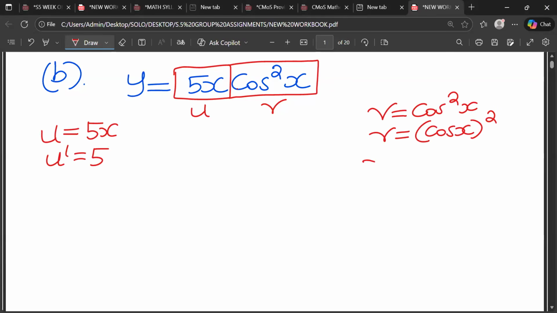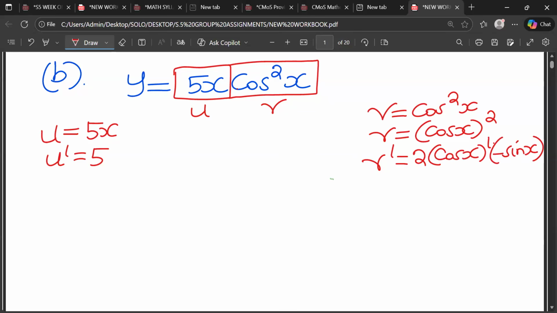Then we come and say v prime. How do I differentiate? I drop the 2. I bring back the cos x with the reduced power 1. Then I differentiate cos x, which is negative what? sin x, like that.